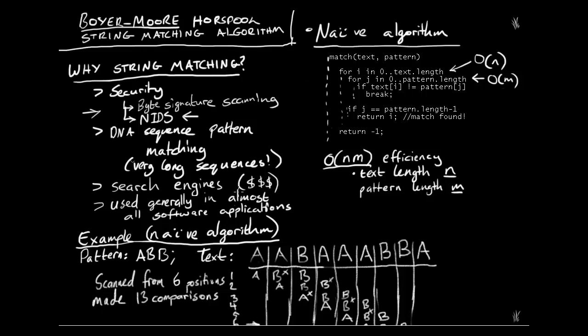I've written up a quick example here to demonstrate the naive algorithm. So we're searching for this pattern here, ABB, in this text right here. So you go ahead and start from the first index, A, B, B. So this A here matches, this B here does not.